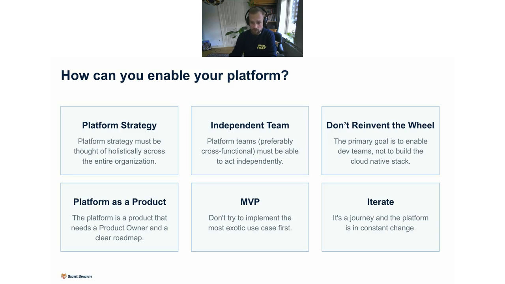So summarized, how can you enable your platform? Obviously you should have a platform strategy. The platform strategy must be thought of holistically across the entire organization, so everybody has the same goal or is at least committed to the cloud native journey at some point.